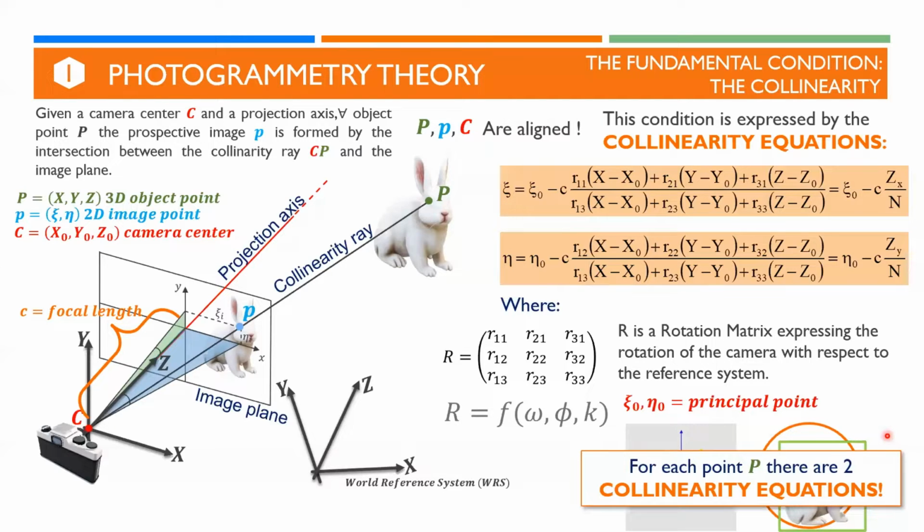Just keep in mind that, as you can see here, for each point P that we have in our real world, we have two collinearity equations, because of course we need the two image coordinates.